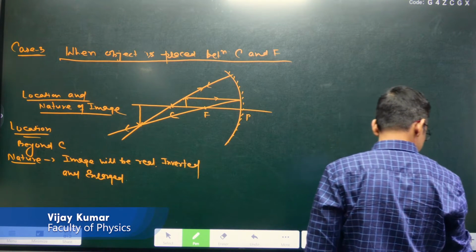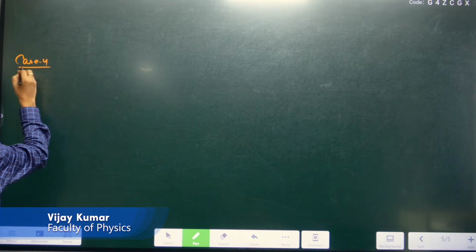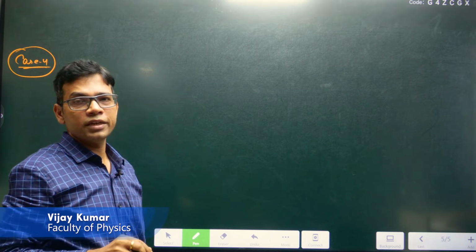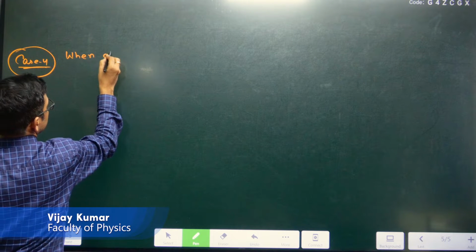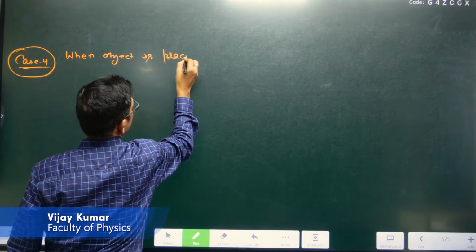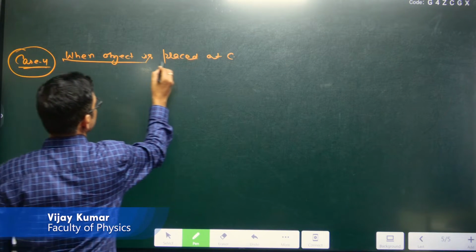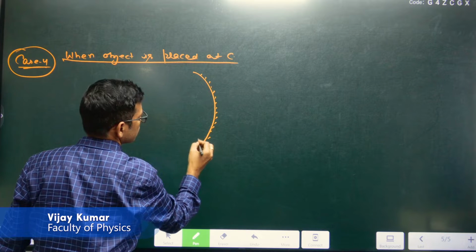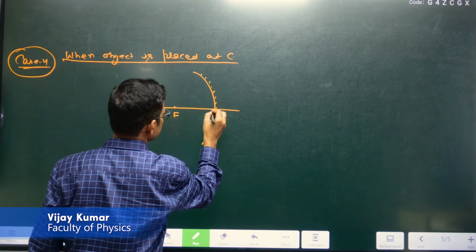Now come to case number 4. In case number 4, we place the object at the center of curvature, at C. This is your center of curvature, this is your focus and this is your pole.